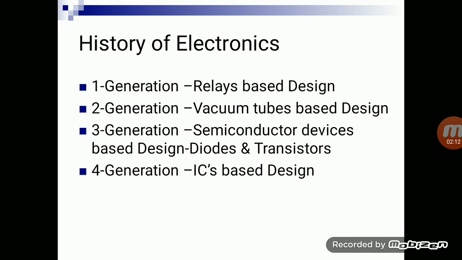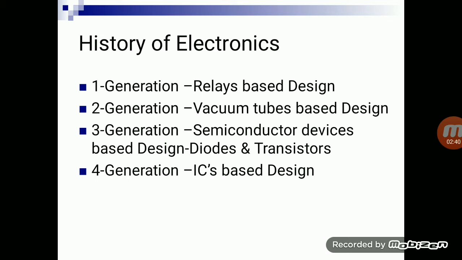Like that, electronic devices were implemented using relays. The main aim of VLSI engineering is to design any IC with the following parameters: less cost, less size, high speed of operation, and low power dissipation. This is the continuous improvement of every stage of electronics.